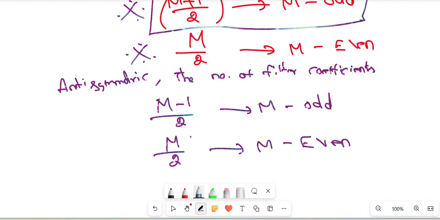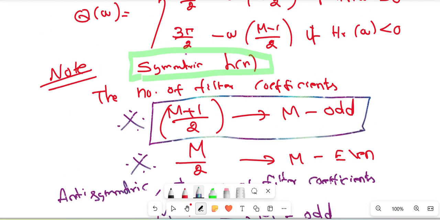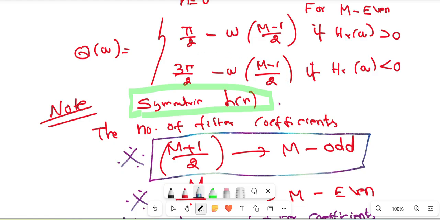So, normally we will not use the antisymmetric condition in the design of a low pass linear phase FIR filter. On the other hand, the symmetric condition, h of n equal to h of M minus 1 minus n, yields a linear phase FIR filter with a non-zero response at omega equals 0.